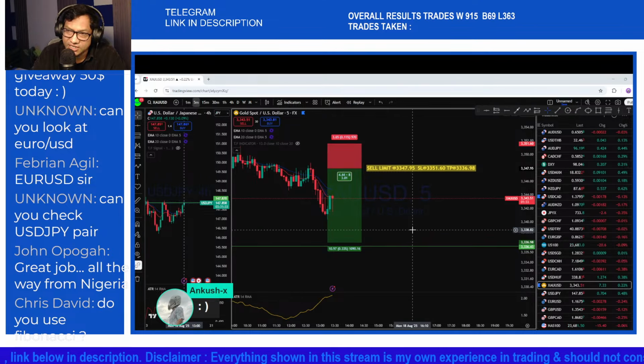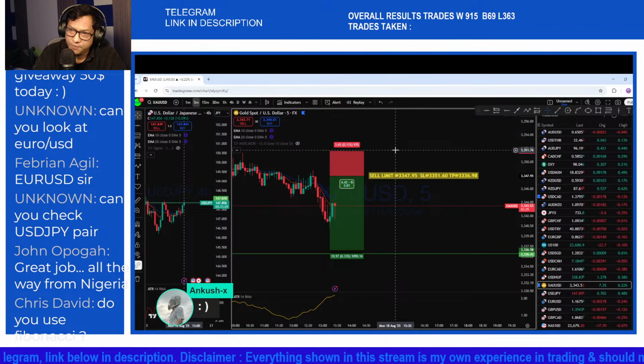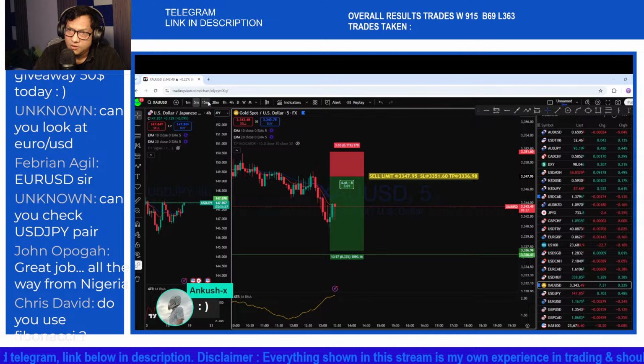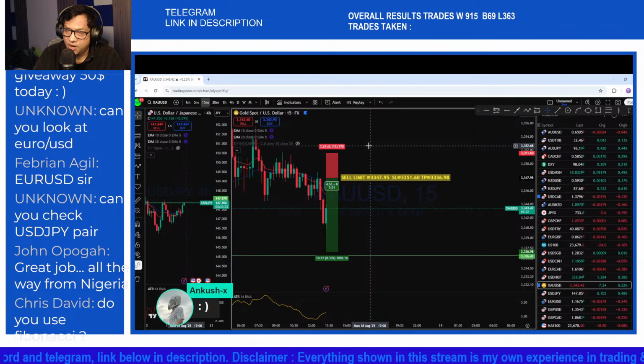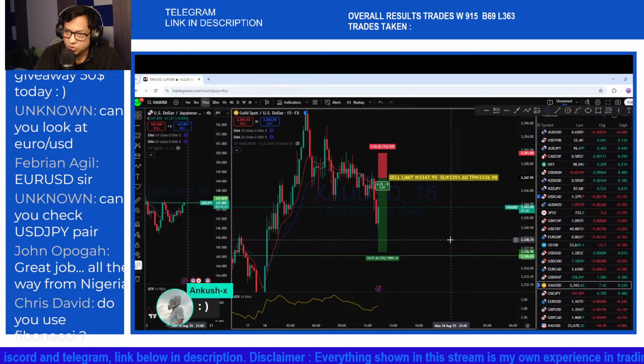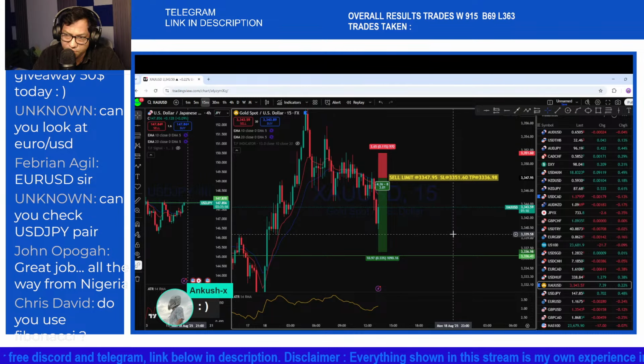So we might see that potential bounce that I'm expecting to go back up to retest that level. And that bounce is essential if we want to see the price revert back again to this previous support level.